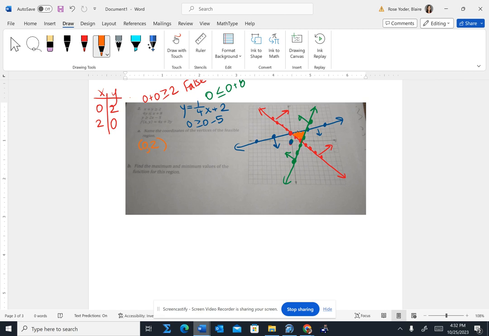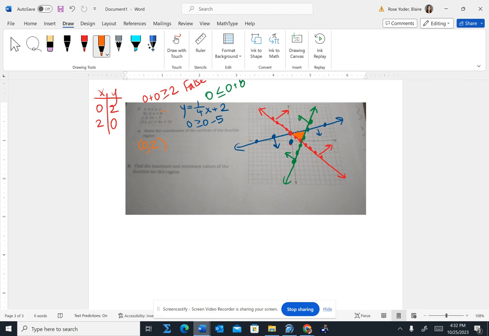It looks like (3, 4), but I should probably check and make sure that actually lies on both of those lines. No, that's not true. (4, 3), it looks like. Let's see, if I plug that into this green line, 2 times 4 minus 5 is 3, so that works.